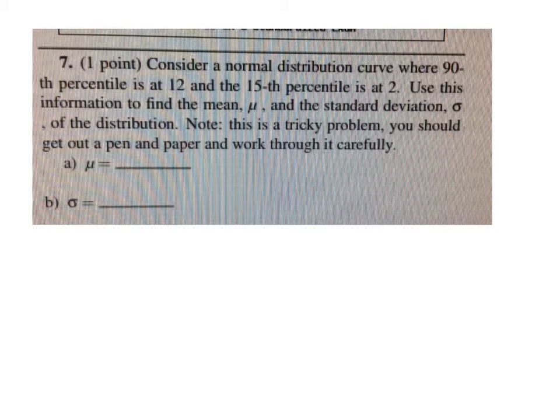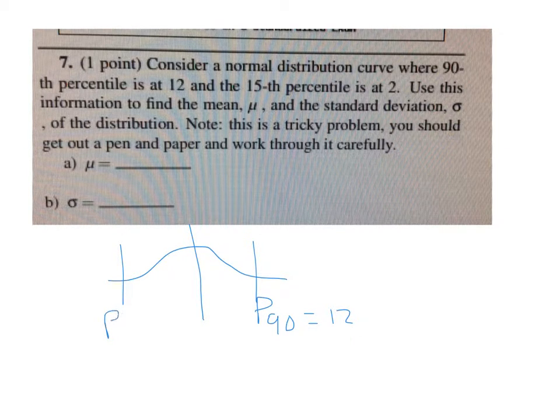Okay, this one is really tricky. On the normal curve, they're giving us P90, which we know is on the right-hand side of the mean, and that's equal to 12, and then they're giving us P15, and that's equal to 2.